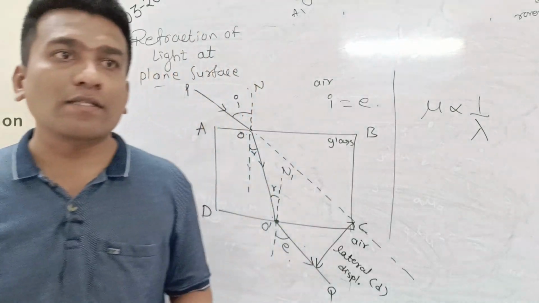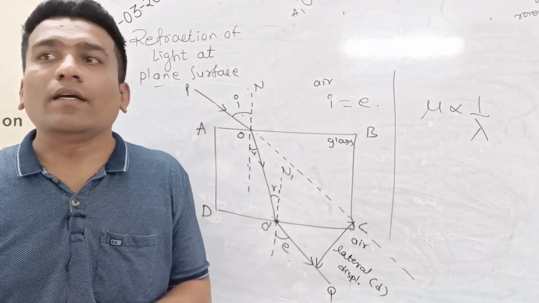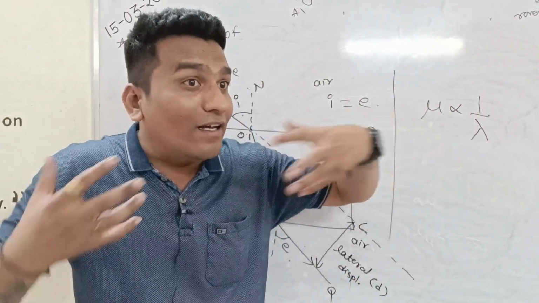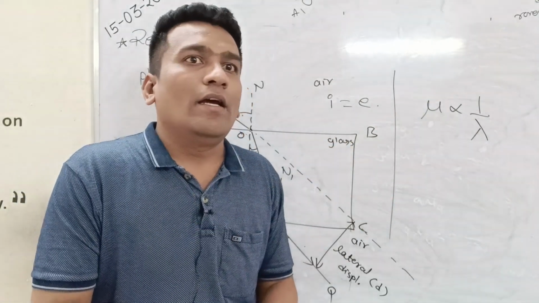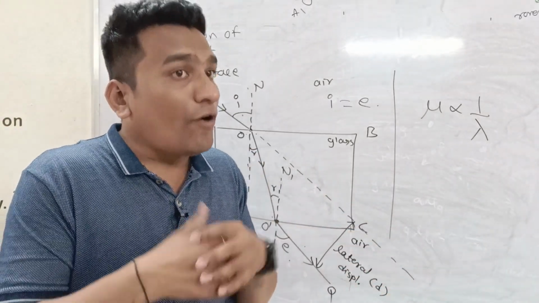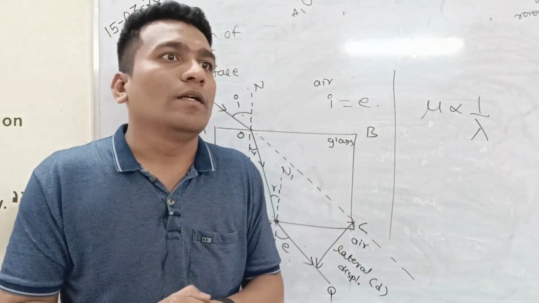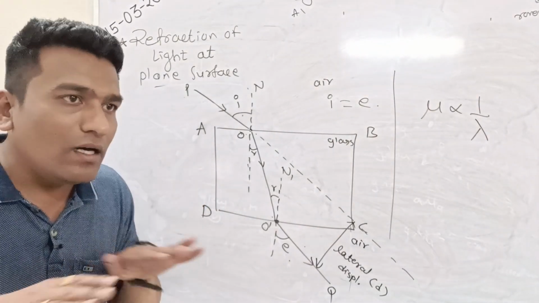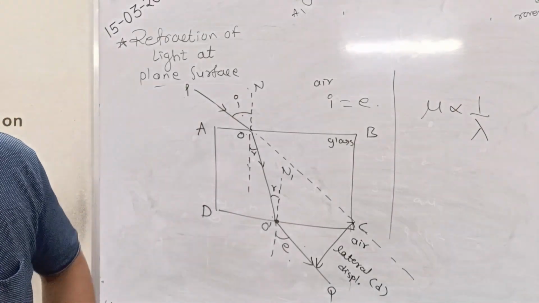The refractive index of the glass slab will be constant, but red light will feel that the refractive index is less, while blue or violet light will feel that the refractive index is more. But if you ask, the refractive index of glass never changes. You understood this fact? Very important.